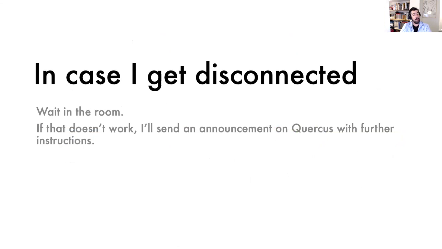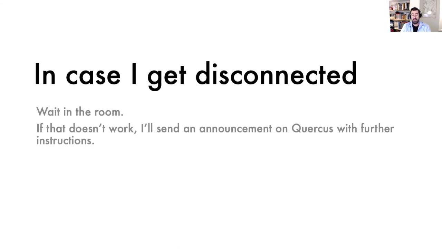Now, internet is not always reliable, so I may be disconnected from time to time. It doesn't happen often, but it could happen. If that happens, please wait in the room. I will try to reconnect as fast as possible. If for some reason I cannot do that, I will send an announcement on Quercus with instructions on how to proceed.